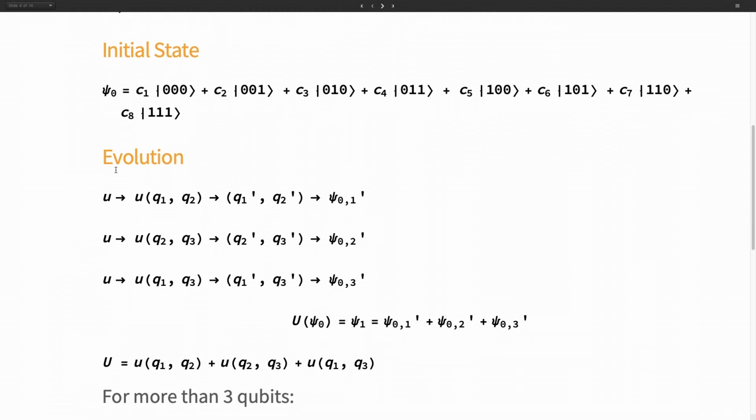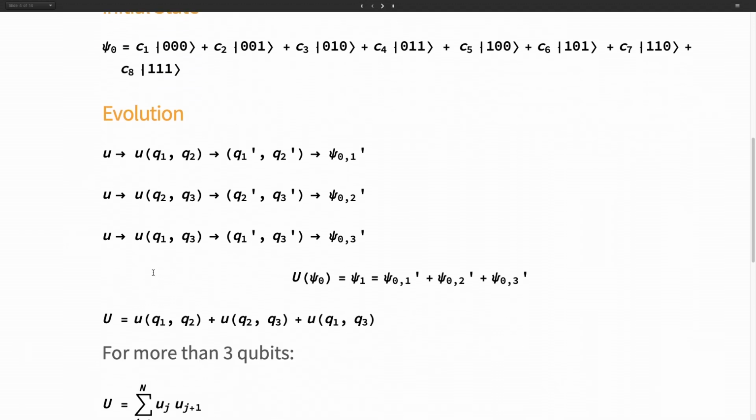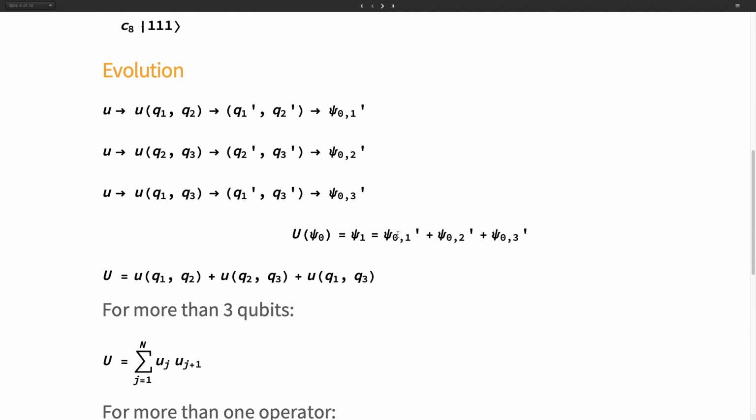I'll take an operator U, which is any arity 2 unitary operator, and I'll put in my first 2 qubits, and I'll get 2 new qubits out of that, and that'll be my intermediate psi 0, 1 prime state. Then I'll take the next 2 qubits, Q2, Q3, and then Q1 and Q3, and then I'll add all of them together to get my new final psi1 state.